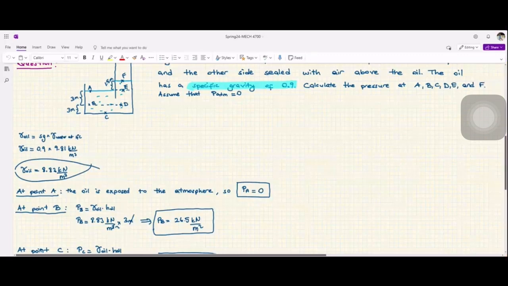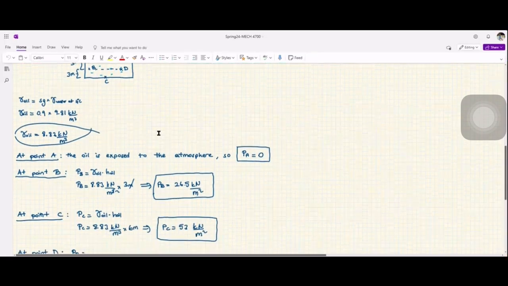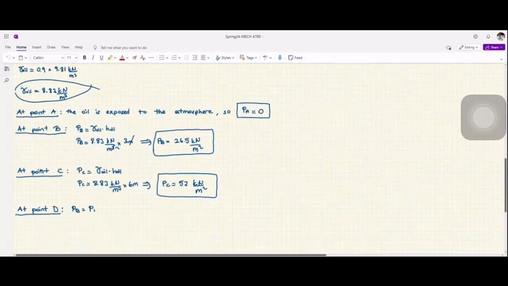So let's take a note. PB equals PD, and B was 26.5 kilonewton per meter square.